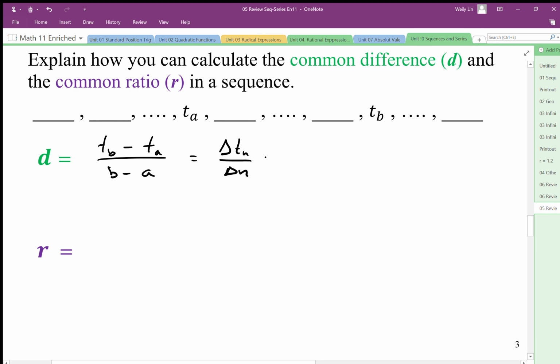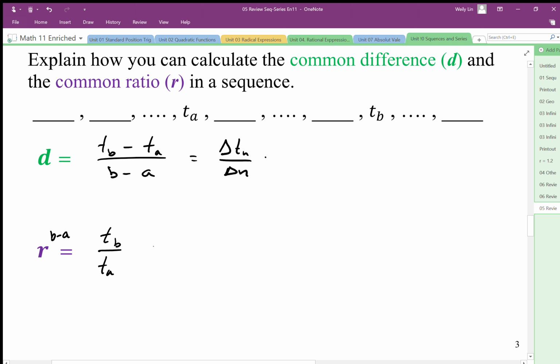The common ratio is very similar. One easy way to remember this is that the common difference is found by differences, or subtraction, and the common ratio is found by division. We want a ratio. So the ratio of TB to TA represents the number of times we use the common ratio, which is B minus A, so that's the exponent.